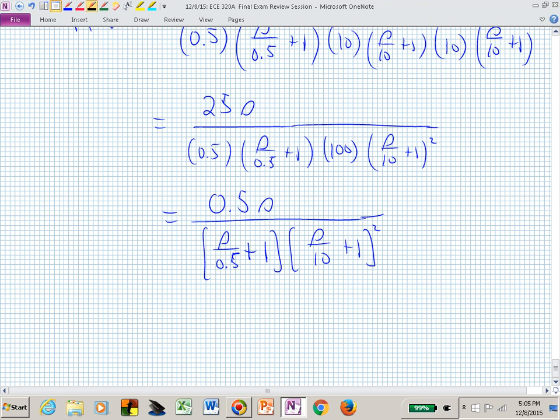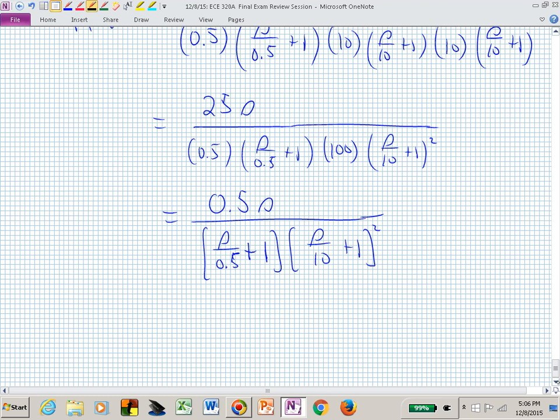We have a constant piece. We have a 0. Where is that 0? It's at the origin, isn't it? So that's a special 0. We have a real pole at 0.5, and we have 2 real poles at 10.